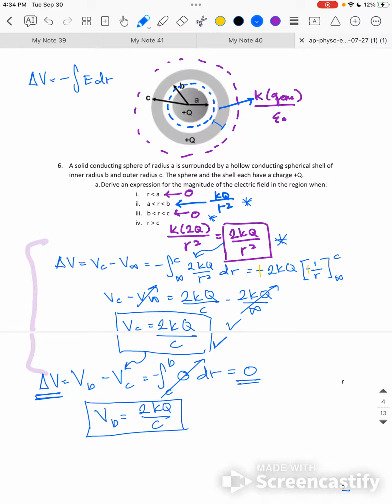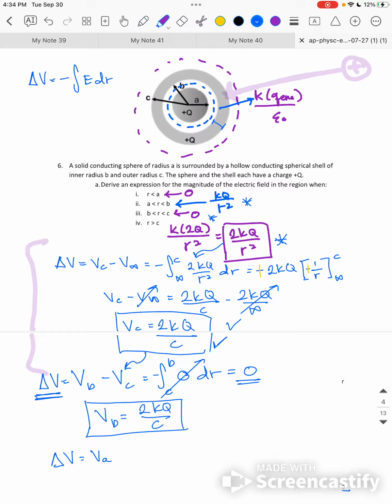Okay, now when we get to VA, again, delta V is equal to VA. A lot of students think, oh, if VC was 2kq over C, isn't VA kq over A? It doesn't work like that. The reason why is because when we have a positive point charge on the outside that's moving in, even if we are moving into A, we have to go through electric field in this region.